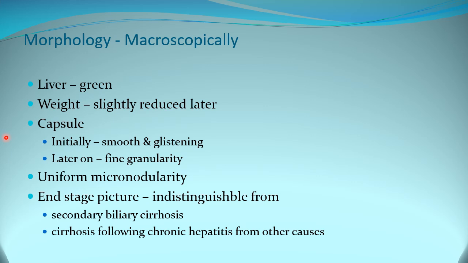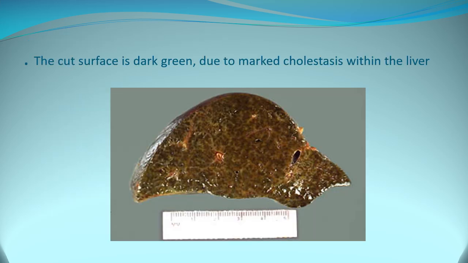Because of the fibrosis, a micronodular cirrhosis will be formed. Uniform micronodularity will be there, and by the end stage this is indistinguishable from secondary biliary cirrhosis or cirrhosis from chronic hepatitis of other causes. But initially it is green in appearance with micronodularity. So these two are the features related to biliary cirrhosis.